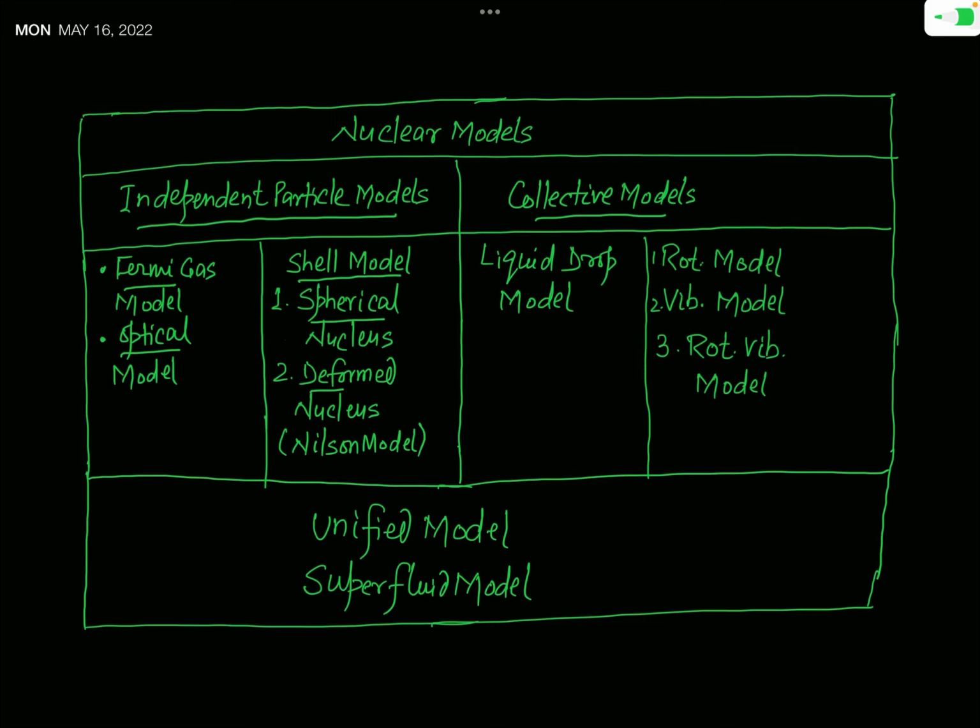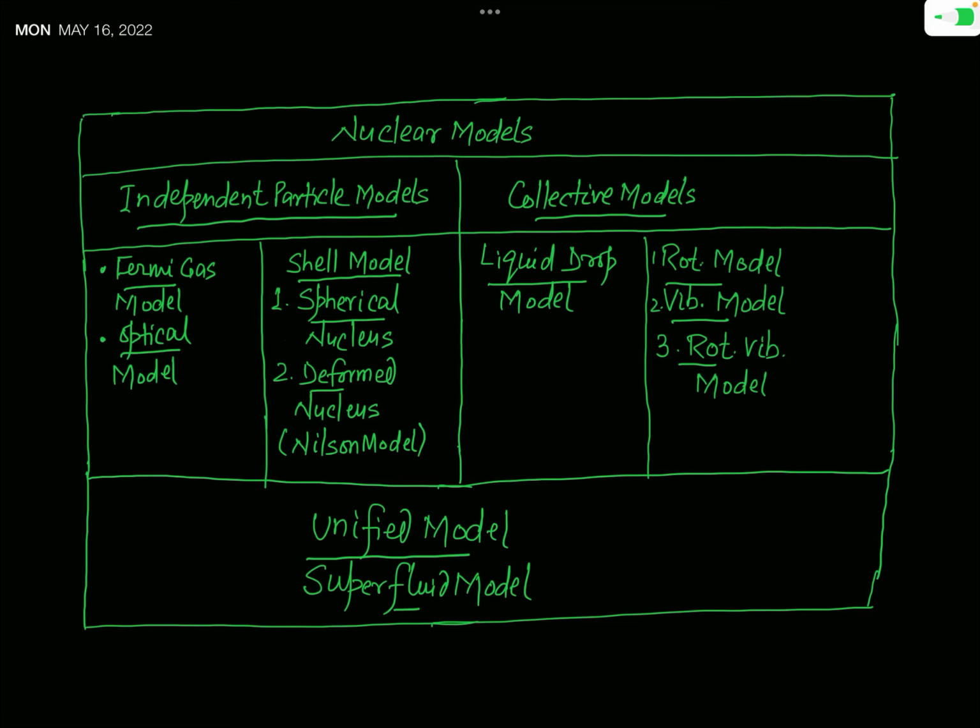And in collective models we see the liquid drop model, and after that the rotational model, the vibrational model, and the rotational vibrational model. And as I have told you, as a combination of these models we will study the unified model and the superfluid model, although this superfluid model is also an independent particle model.